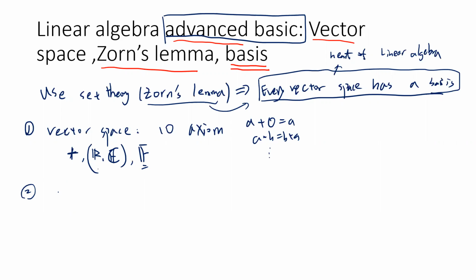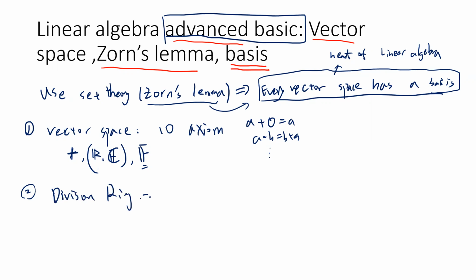But there is a second definition that is more abstract algebra. So I can define a vector space using a division ring.